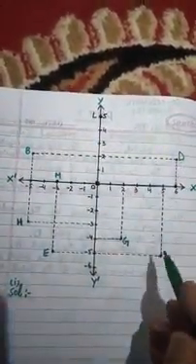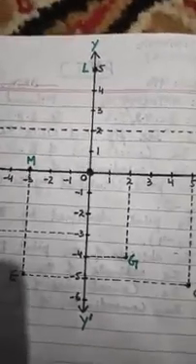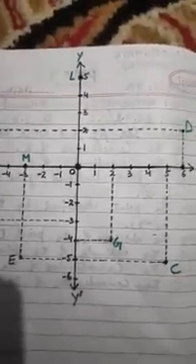Every point in this Cartesian plane is actually representing two values, one value for the x and the other value for the y. So we have to write down the coordinates, meaning two values or a pair of values.